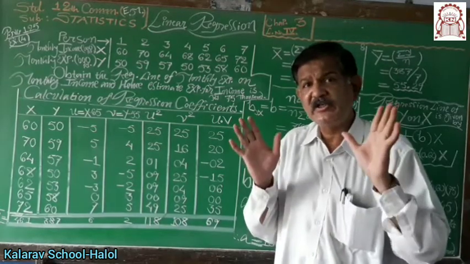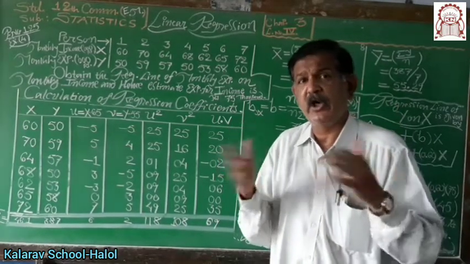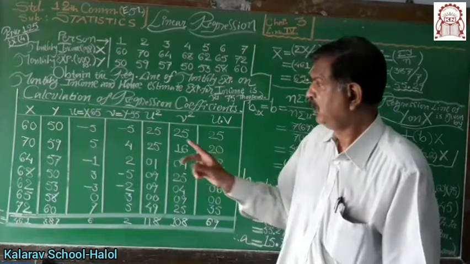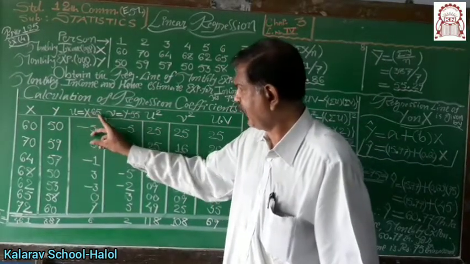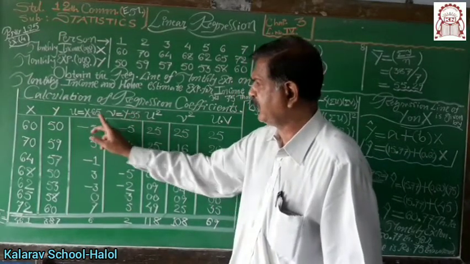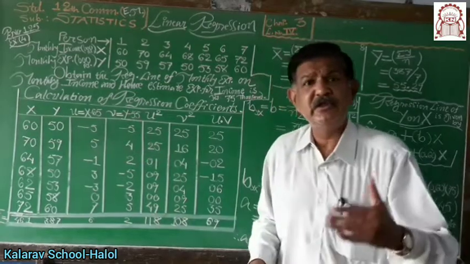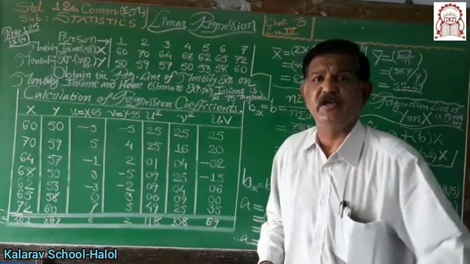Here there is only change of origin, but not of scale. We have subtracted 65 and 55 from the series x and y respectively. It is known as change of origin.